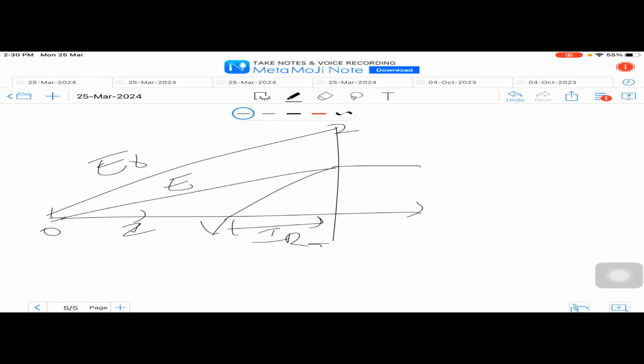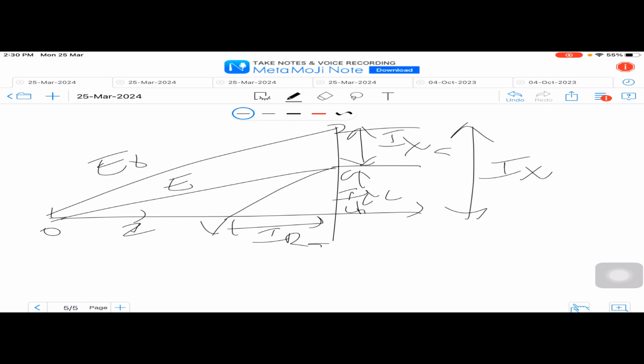Similarly here we have IXA and IXL. These both terms together are IXS, that is I into ZS.